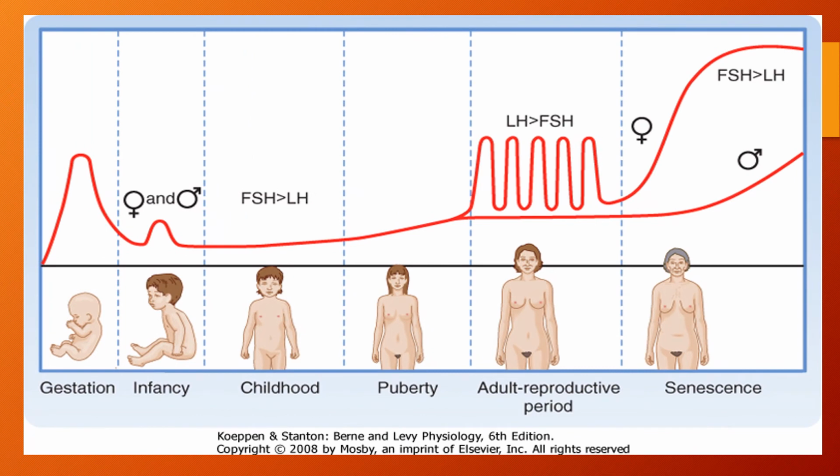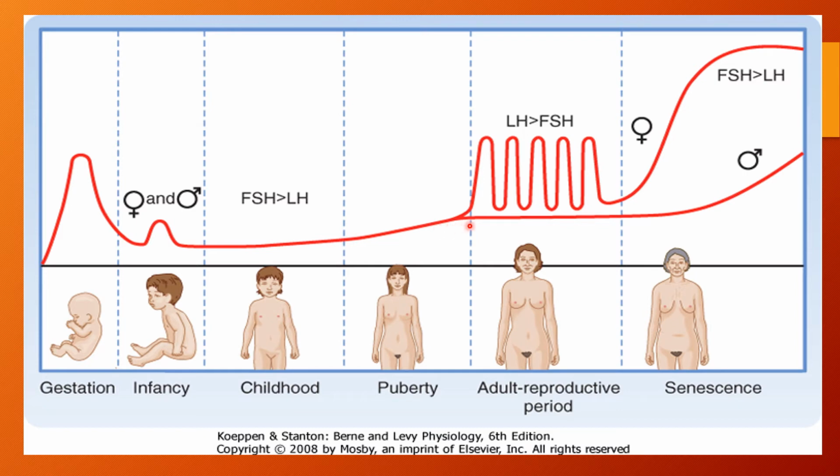This is a beautiful representation of the relationship of your FSH and LH as to the phases of development for both male and female. So this is female, this is male. So around childhood, from gestation to infancy, initially your FSH and LH are high, then later on it goes down, and starts to increase at puberty.